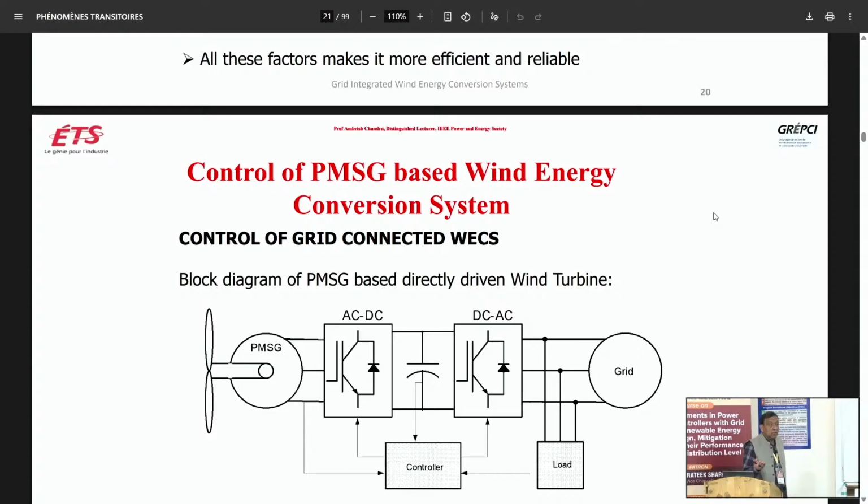The first thing is that the machine itself is very costly, but we always talk about, okay, permanent magnet machine is costly, but do you know how much the generator will cost after all, if you take the whole wind turbine? So I was reading one article, they said 20% of the cost of the whole wind turbine is the towers.